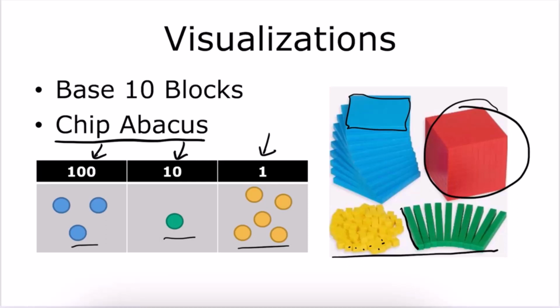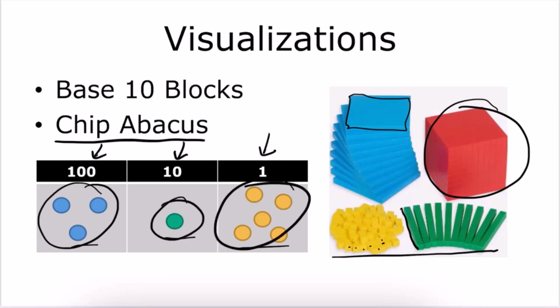I would recommend starting off with the base 10 blocks, but as you get into bigger numbers that are more clunky to actually use the blocks for because there's just a lot of them, you can simplify it by using different colors of chips to represent the blocks. They're related, but I would recommend starting with the base 10 blocks when you're teaching your students because they physically show the different sizes of the different amounts.